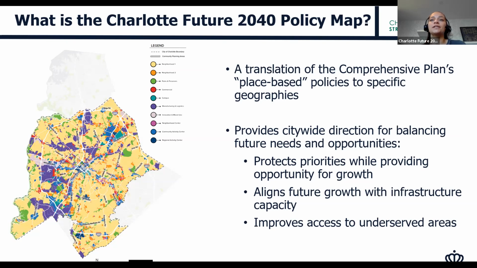It is intended to provide citywide direction for balancing future needs and opportunities, to protect priorities while providing opportunity for growth, and to align future growth with infrastructure capacity. So, we don't want to be planning for future growth where there's no opportunity for infrastructure or the expansion of infrastructure. And then it improves access to any underserved areas that may have been historically disenfranchised.